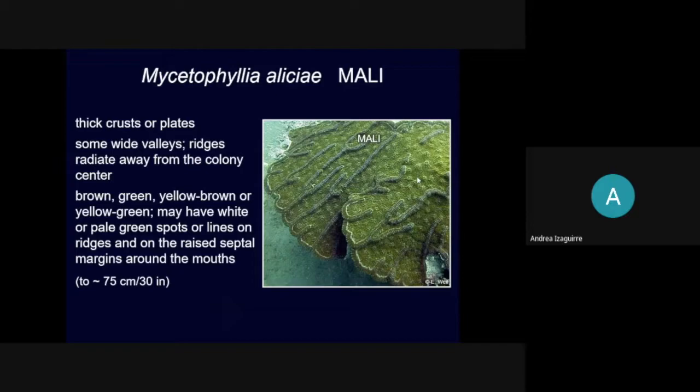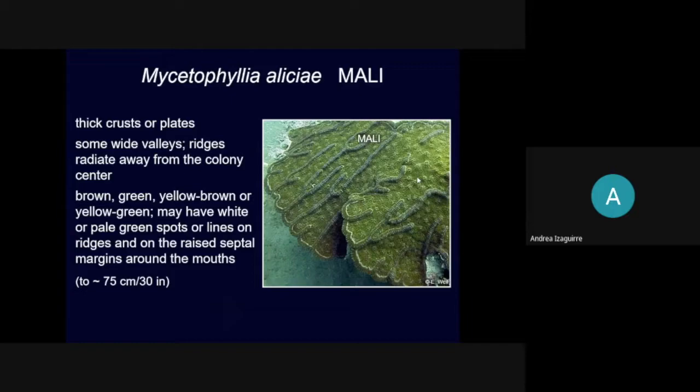And whenever this changes colors, it's going to have a white mouth, whereas ferox is going to have a pink or maybe orange mouth. This one is going to have a white one. Also, it doesn't come in as many colors as ferox does. It's usually brown, green, or yellow.